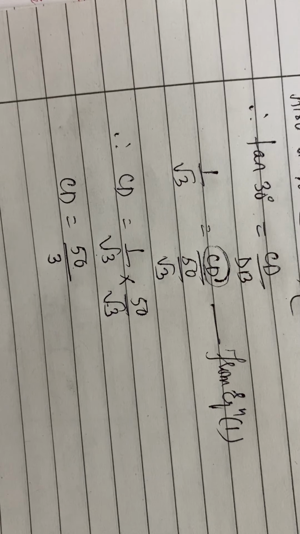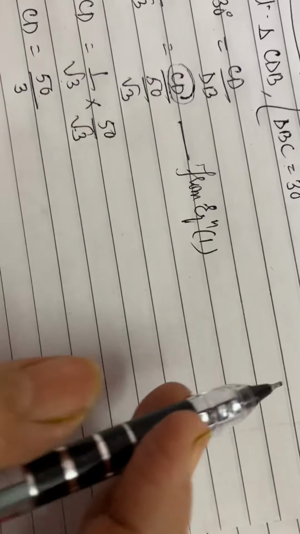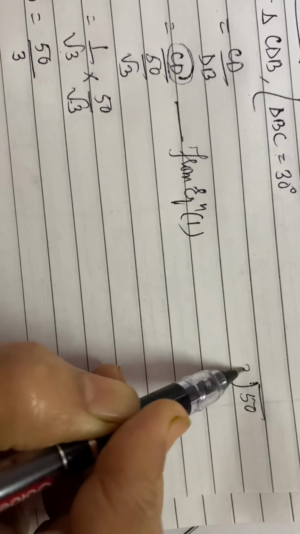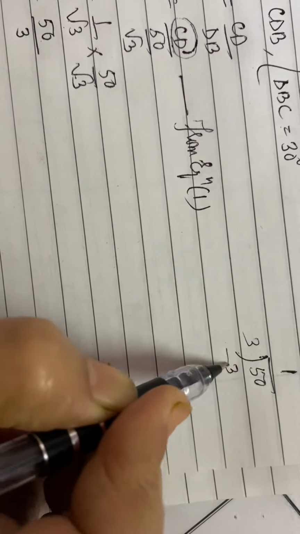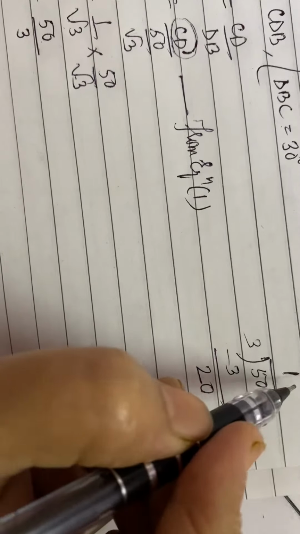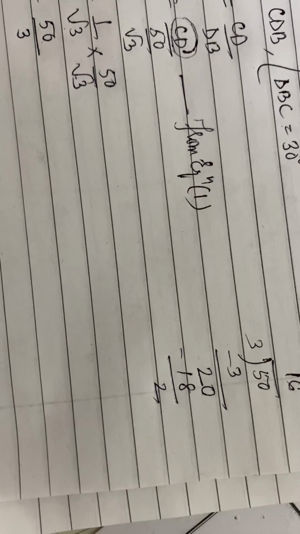Right? Now if you divide 50 by 3: 3 ones are 3, remainder is 2. You bring down 0. 3 sixes are 18. Remainder is 2.